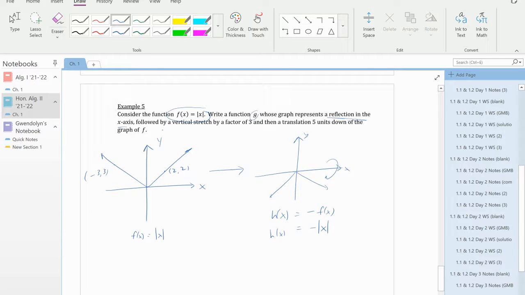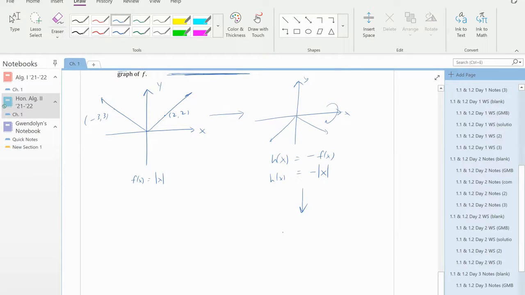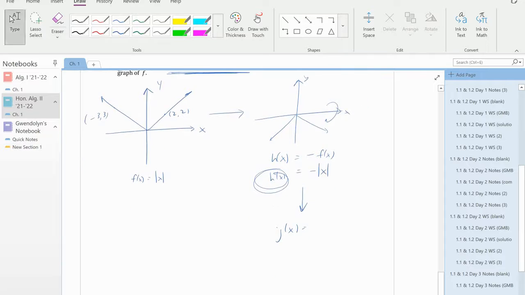Okay, then stretch it vertically by a factor of 3. So we're going to take that graph and let's call it j of x or something. Just pick some other letter. We're going to take the function we have now, multiply all those y values times 3.